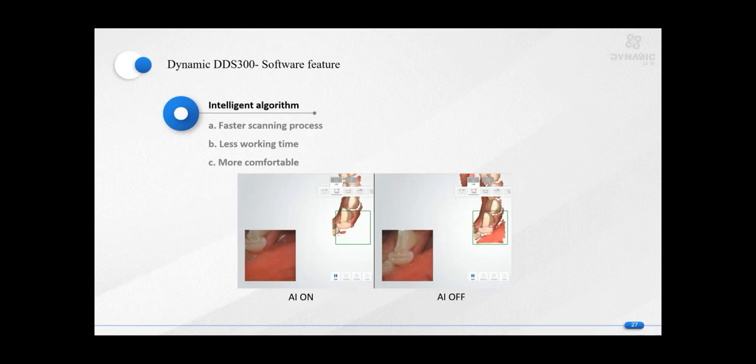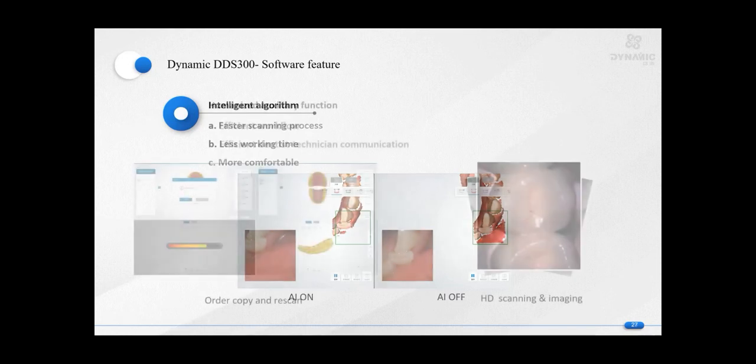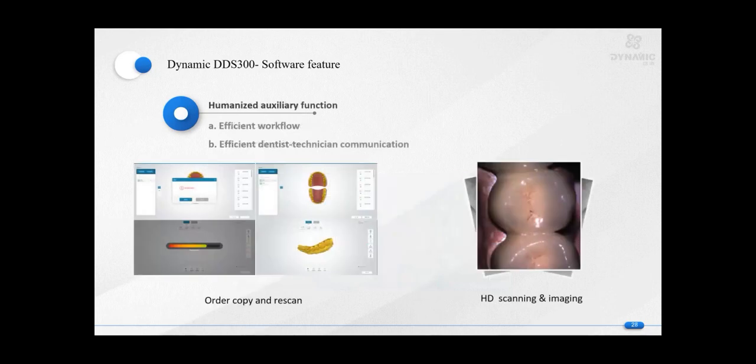In the third part, I will introduce the third advantage of the software, which is humanized auxiliary function. It can make the doctor's workflow and the communication between doctors and technicians more efficient. HD high digital imaging can turn the scanner into a camera.